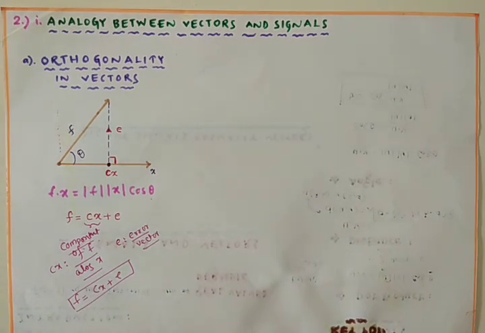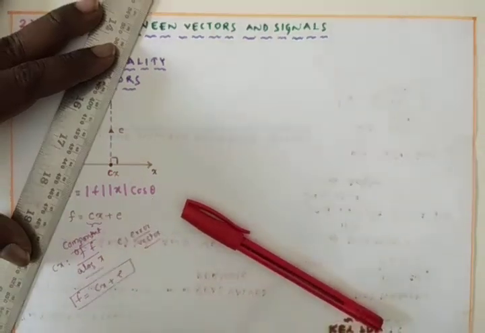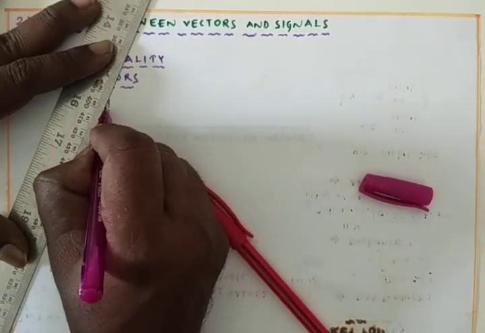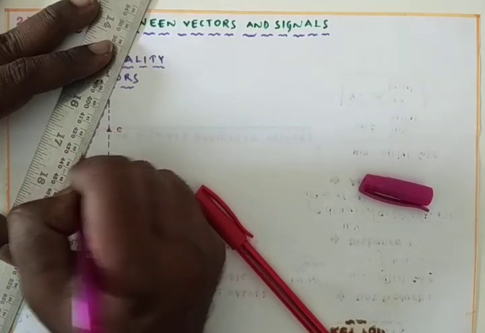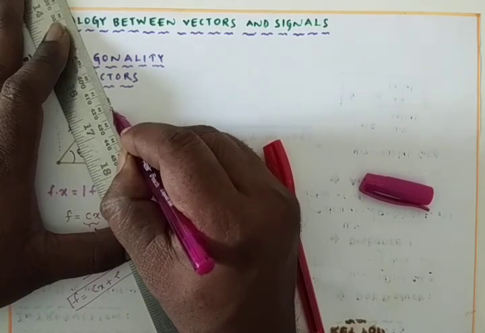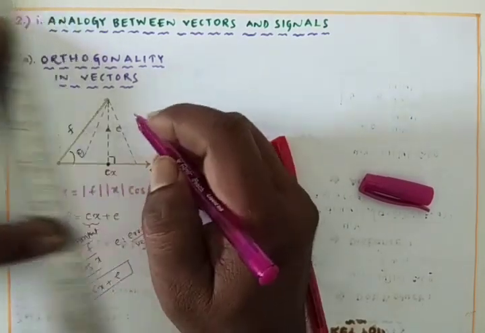This is about orthogonality, one of the conditions in orthogonality. For example, if I go with another case, here I am defining one more E. Based on the value of the angle, we can have various values of this error vector.